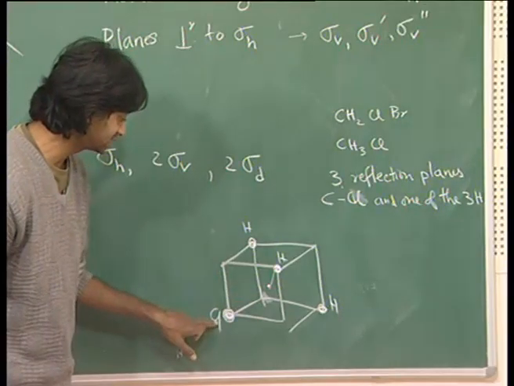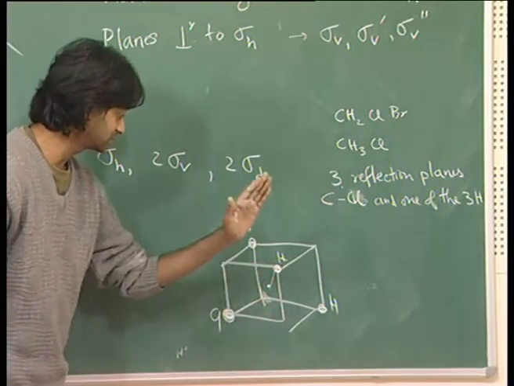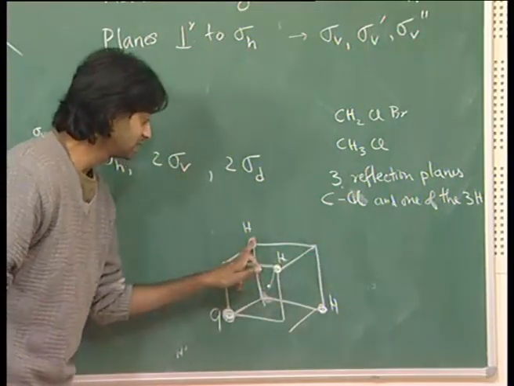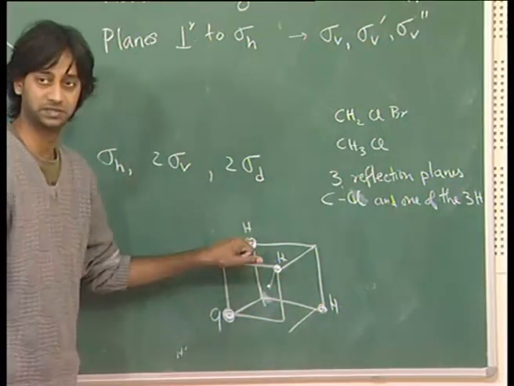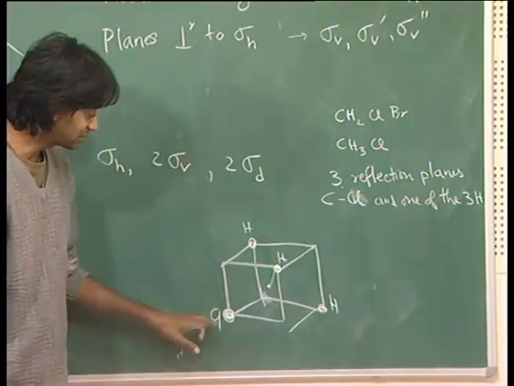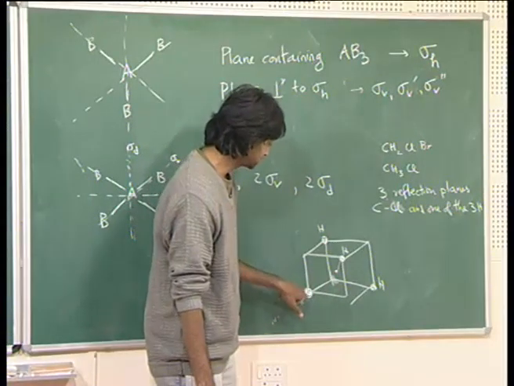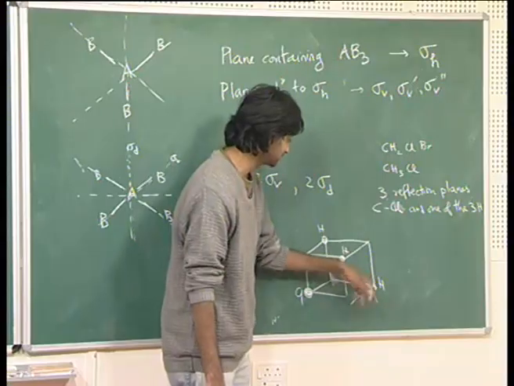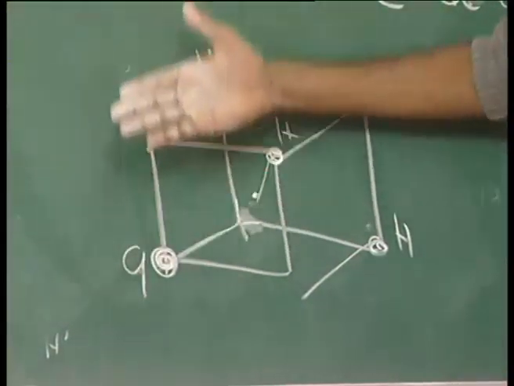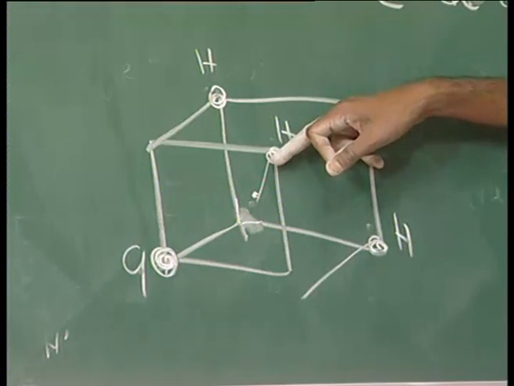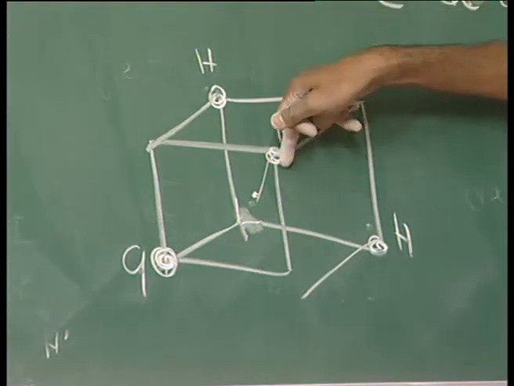One containing Cl, C and this H, so that will go like this, and when you reflect about it, this H will go here and this H will come here. Next, you could have a plane containing this Cl, the carbon and this H, which will be in between these two. When you reflect about it, this H will go here and this H will come here.